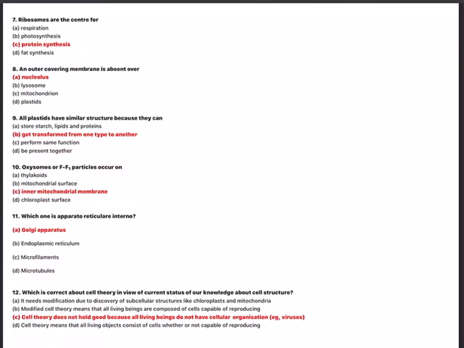All plastids, question number 9, all plastids have similar structure because they can store starch, lipids and proteins, get transformed from one type to another, that is the answer, and perform same function, be present together. So it is, they can get transformed.